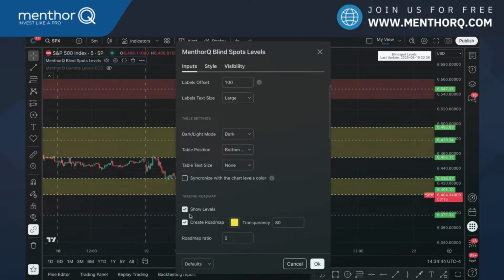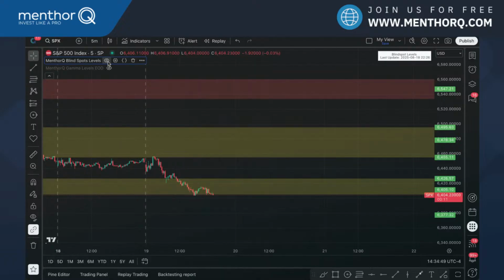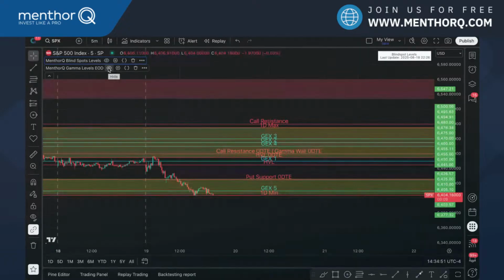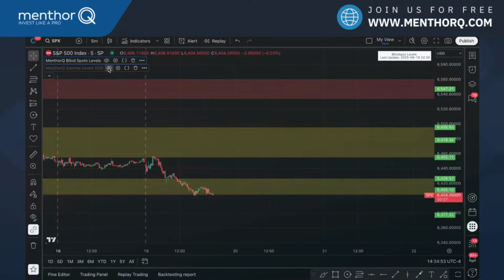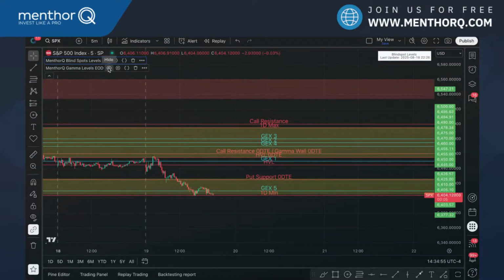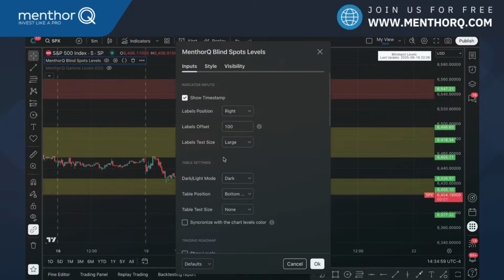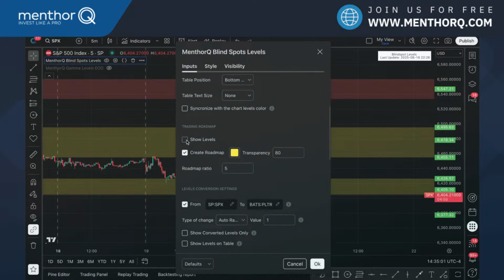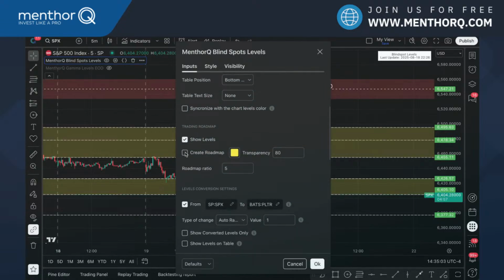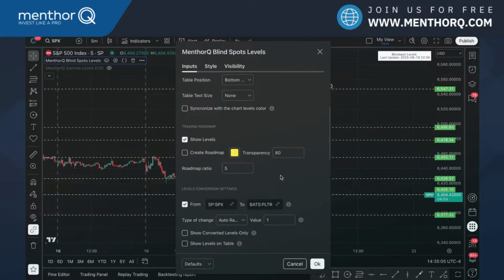We can also remove the levels, and then combine it with our gamma levels here as well. So as you can see, we're now combining blind spot areas together with gamma levels for better risk management and trading roadmap as well.